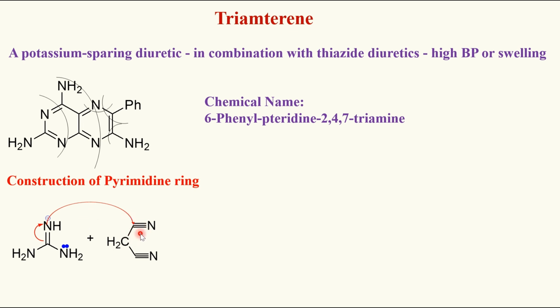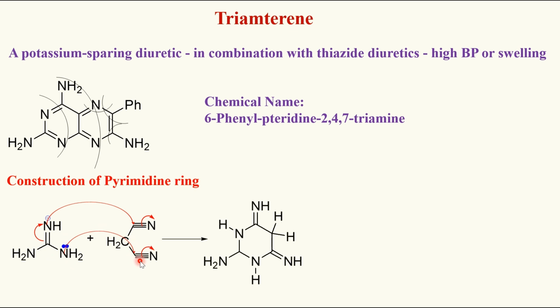To maintain its stability, one of the pi electrons shifts onto the nitrogen, and nitrogen combines with hydrogen. The lone pair of electrons on the nitrogen attacks the other nitrile of the malononitrile group, and a similar pi electron shift occurs, and I will get a cyclized ring system.